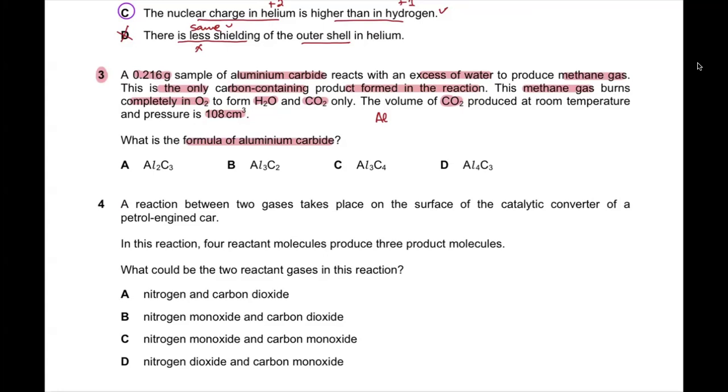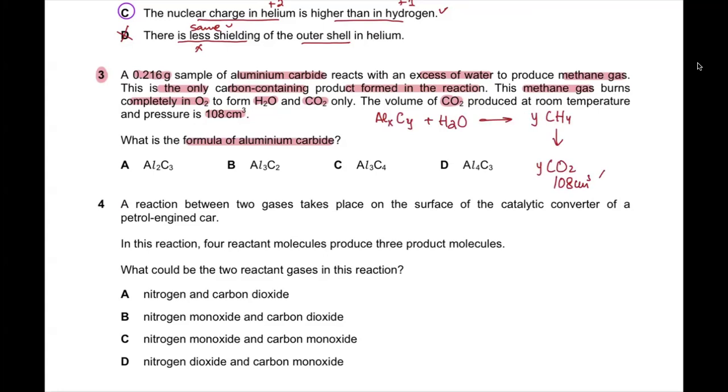So what we further know is that in methane, the mole ratio of methane and carbon is 1:1. So it means moles of carbon are also 0.0045.